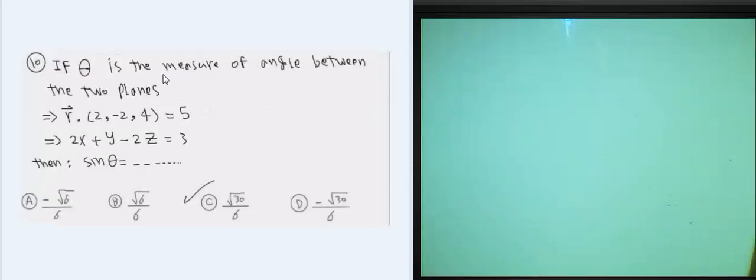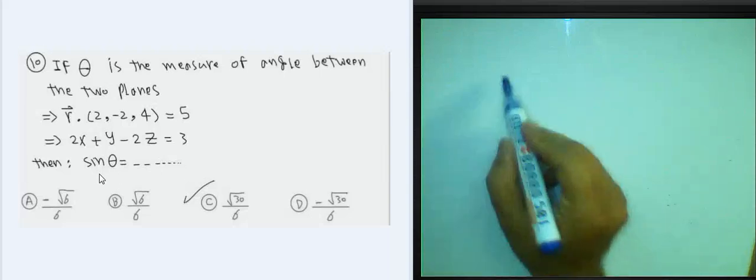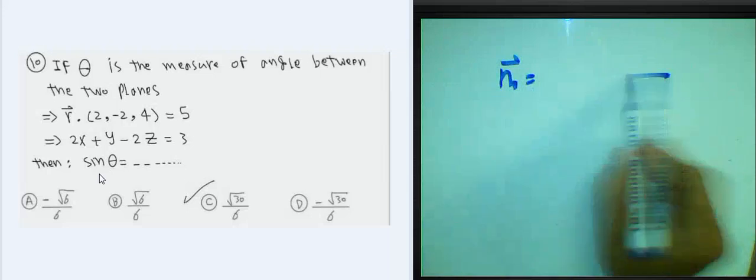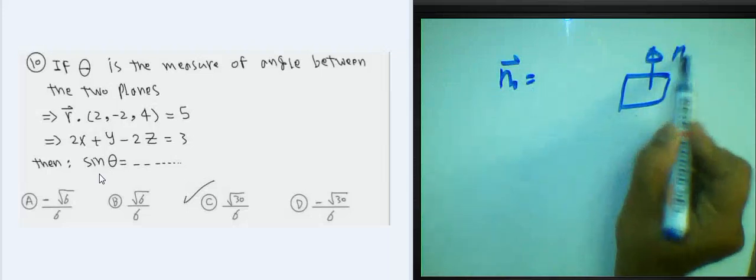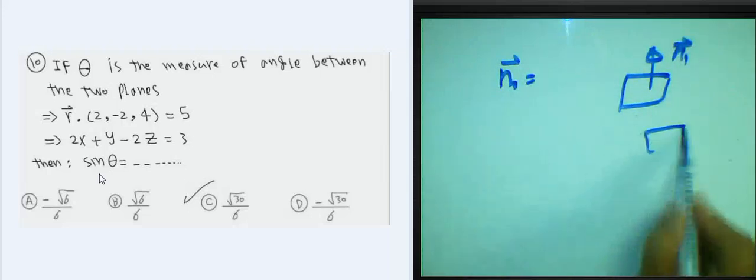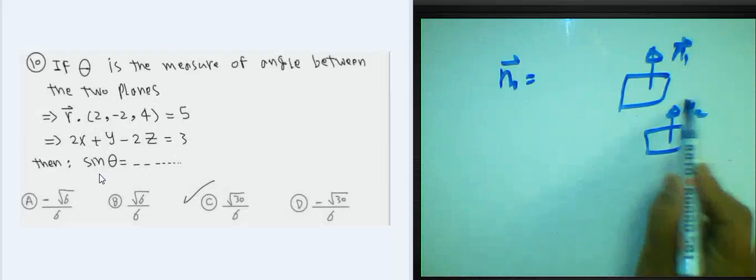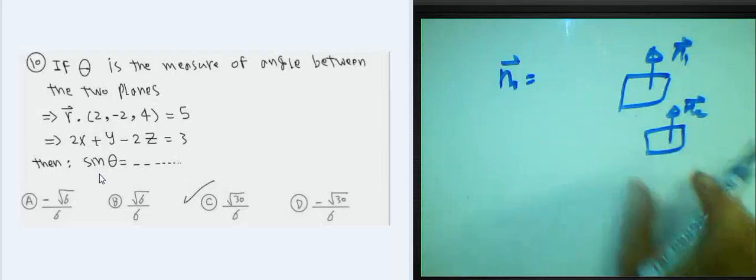Question 10. If theta is the measure of angle between two planes r dot 2 and negative 2 and 4 equal 5, and second plane here 2x plus y subtract 2z equal 3, then sin theta equal what? We can find vector n1, meaning n1 perpendicular to the first plane, and we have here n2, the vector perpendicular to plane 2.